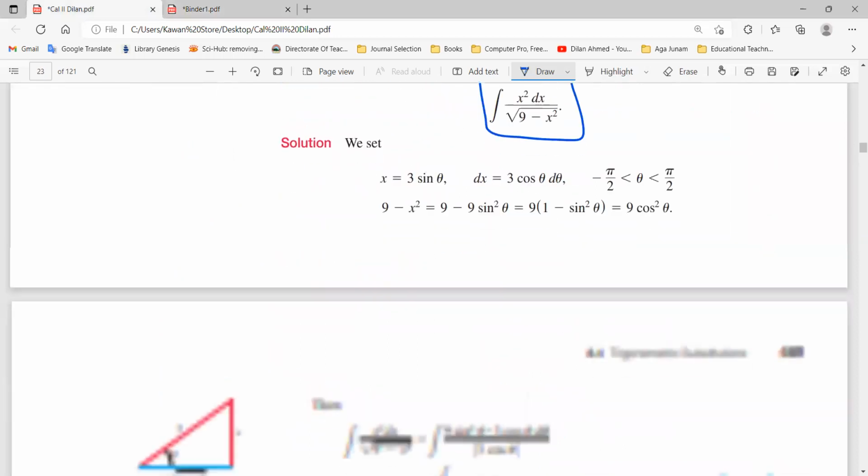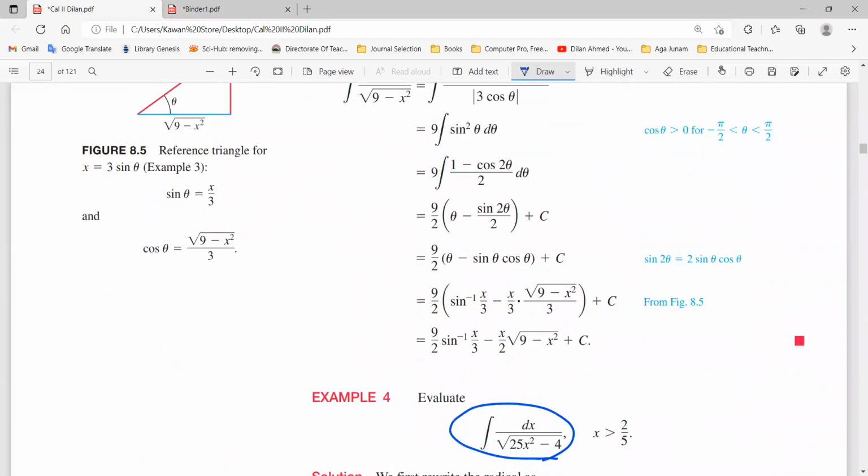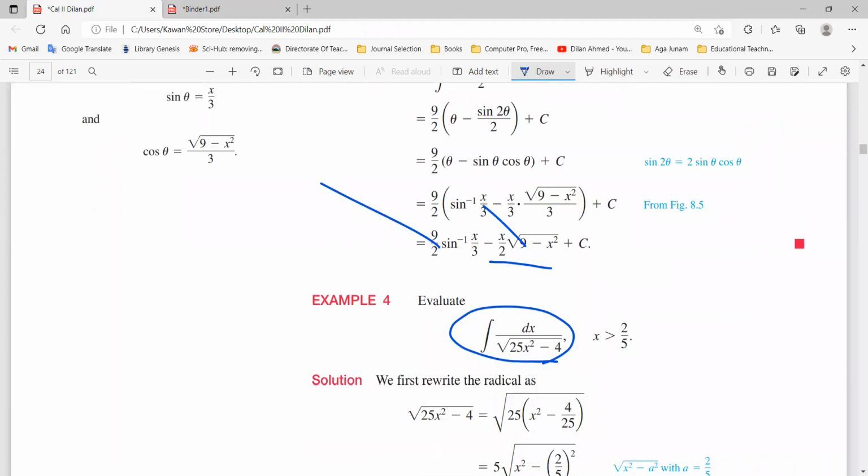You'll get the result. Look here quickly. You'll see 9 sine inverse and these all together. Understood, dear? Easy? Good. I'm going to leave that one as homework for you.